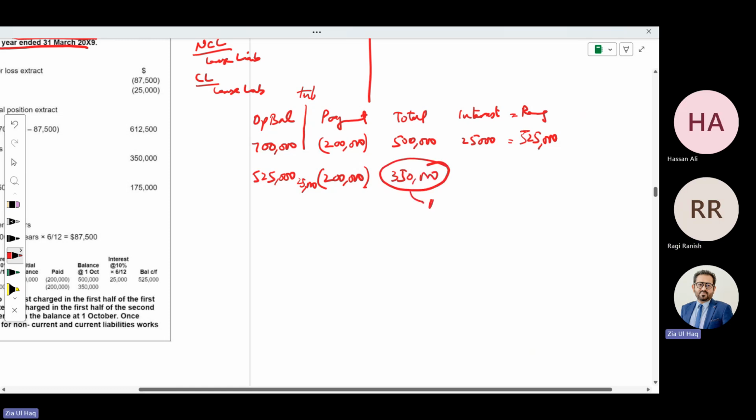That will be your non-current liability. And the difference between these two values will be the current liability. That will be 525 minus 350, which is 175,000. This is the crucial point in this question.